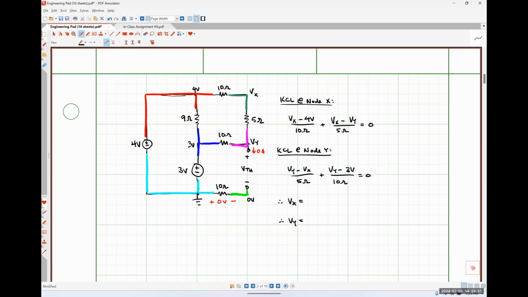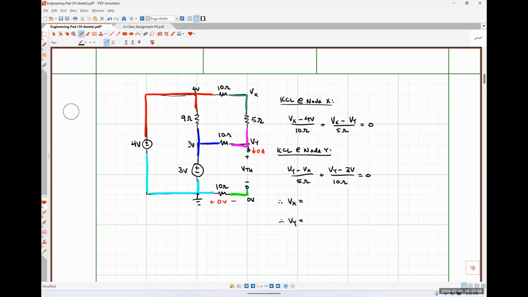So once again, I have a 2x2 system. My coefficient for Vx in my first equation is 1/10 plus 1/5. My coefficient for Vy in my first equation is negative 1/5, and my constant term is 4/10. In my second equation, my coefficient for Vx is negative 1/5.